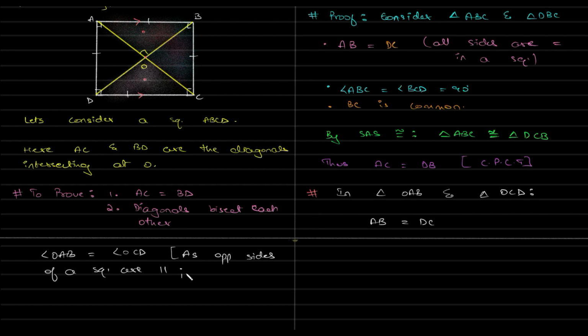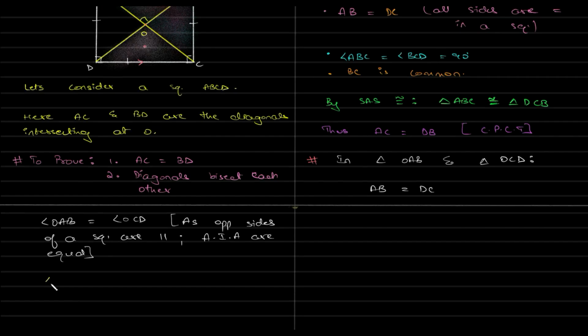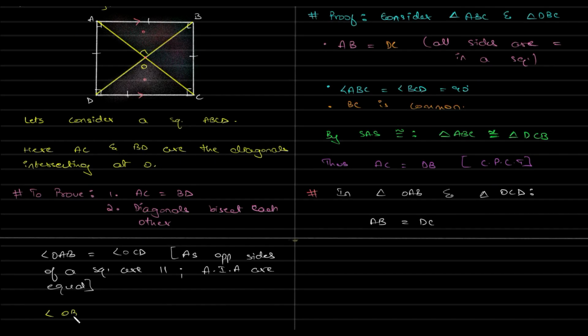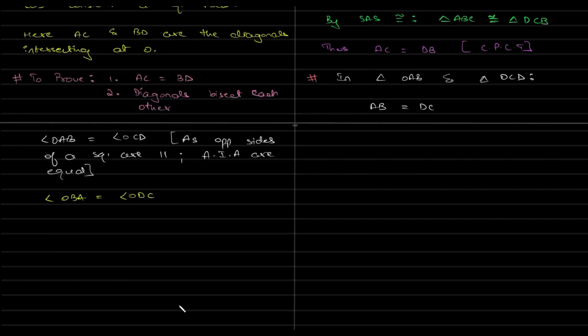Opposite sides are parallel, so alternate interior angles are equal. So on the same line we can tell angle OBA is equal to angle ODC, right?